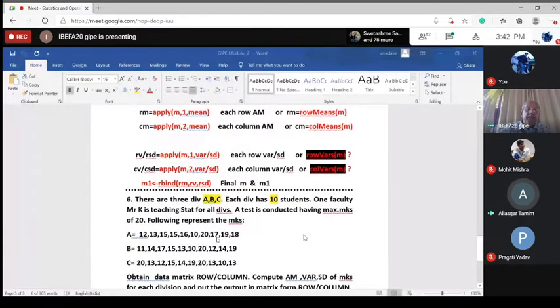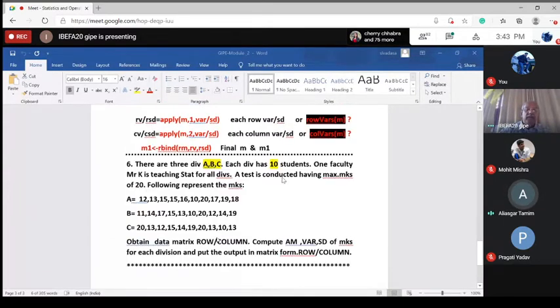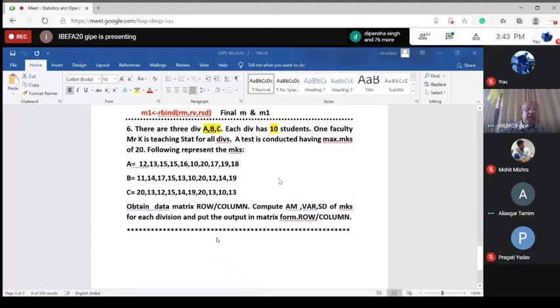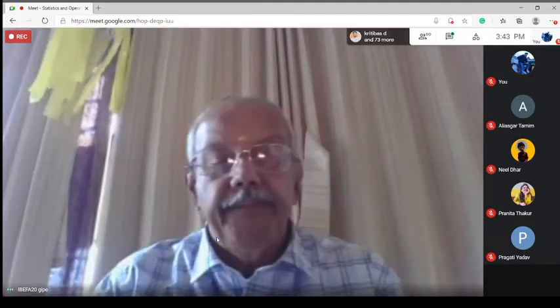This RV upon RSD and all. What exactly do they mean? No. It is either you compute variance or standard deviation. It is not by, it is either or. Okay. I have been trying to understand this since morning. Now understood? Yeah, sir. Thank you.